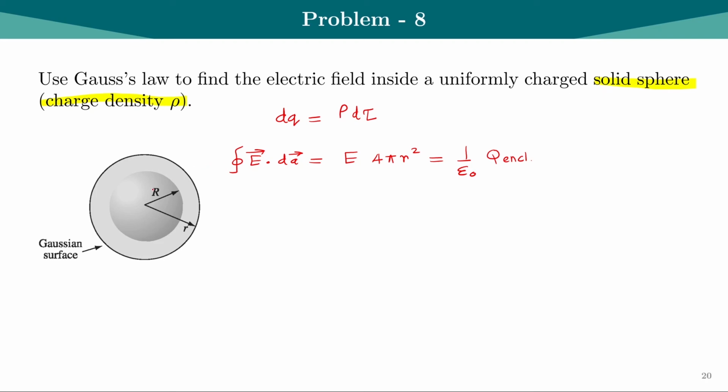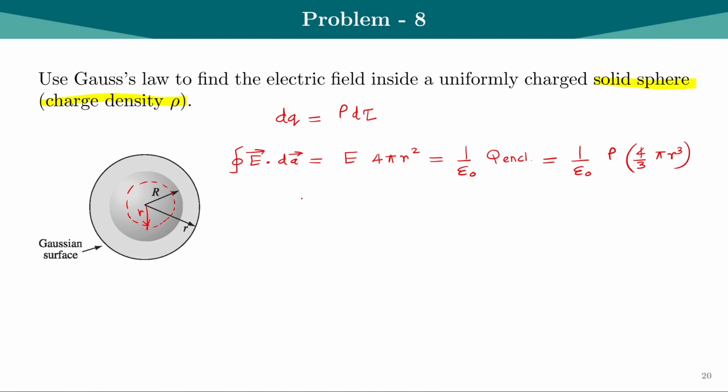So in this case, the imaginary Gaussian surface is inside the sphere, and this is the distance r, and this is equal to 1 over epsilon 0 rho times 4 by 3 pi r cubed, where r is the radius of the Gaussian surface.